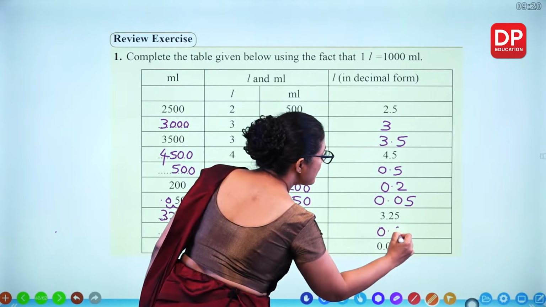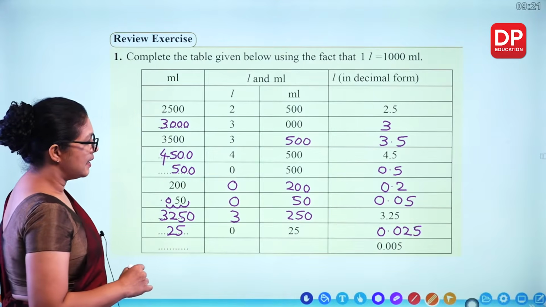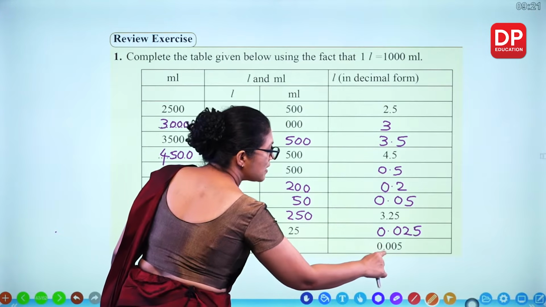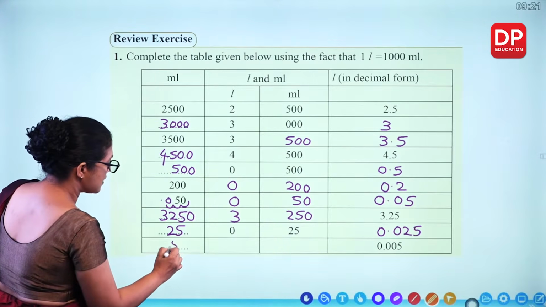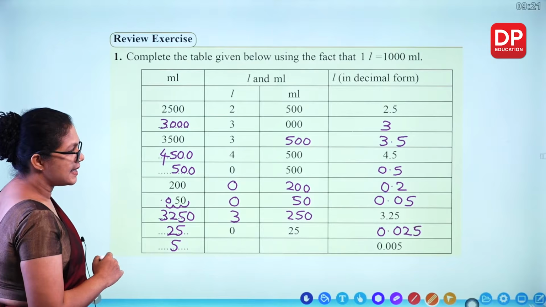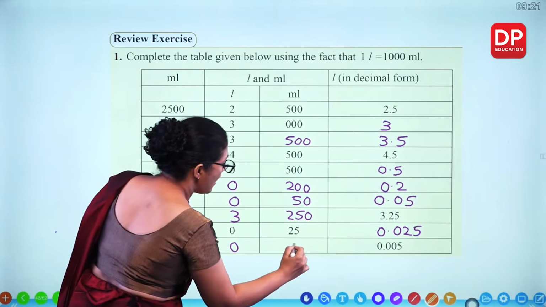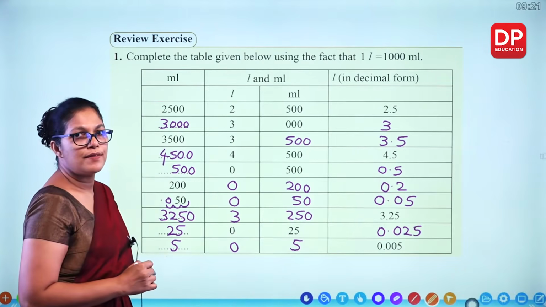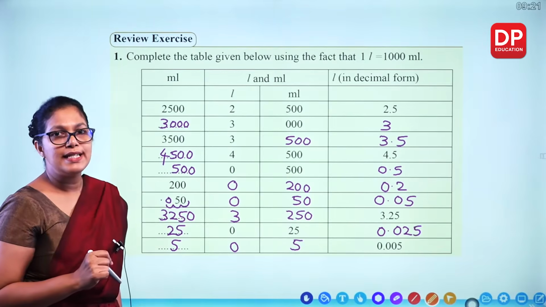You get 0.025 liters. This one multiply by 1000. You get milliliters. That's 5 milliliters. 5 milliliters means this is 0 and 5. Now you know how to convert milliliters to liters.